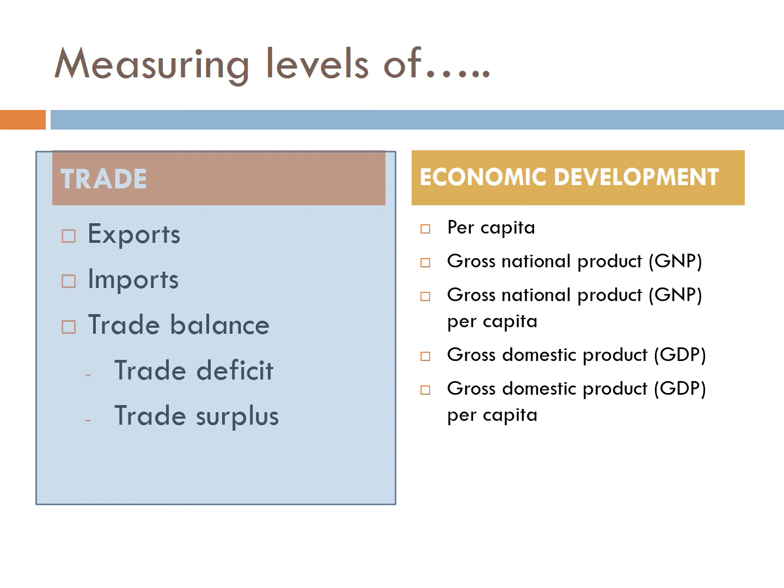These are some of the indicators currently used to measure levels of economic development for countries. Now, what do they stand for? These definitions can be found in the global lexicon.